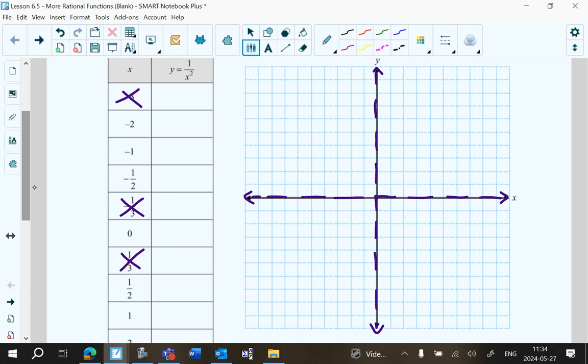So what is 1 over -2 all squared? 1 over 4. Not -4, because the -2 is in parentheses. So 1 over 4. So -2, 1 over 4.